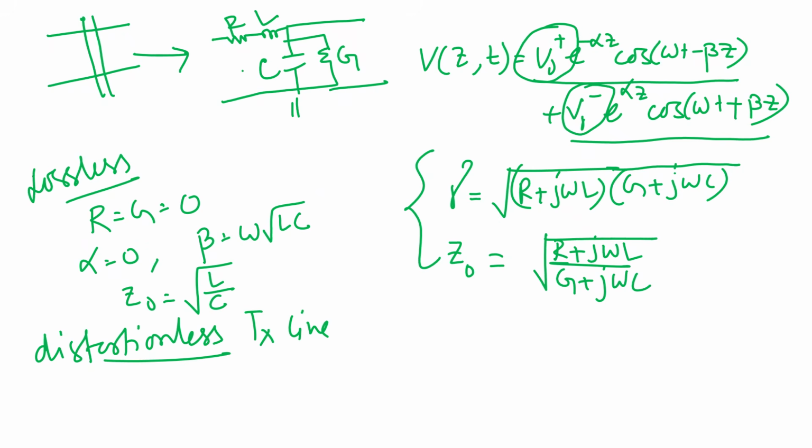For a distortionless transmission line, R by L equals G by C, and alpha equals under root RG, beta equals again omega root LC.